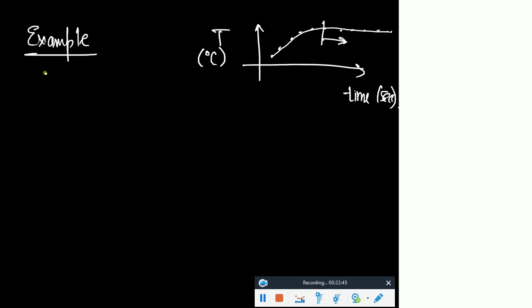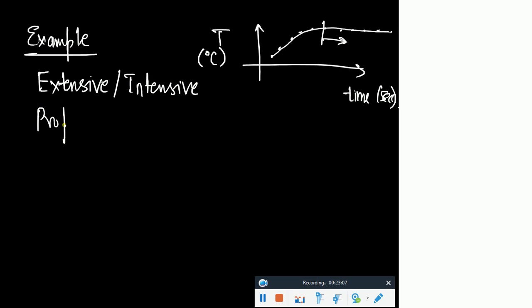Then there is one more thing about the types of properties. There are 2 types of properties: extensive or intensive properties. These are 2 types of properties for thermodynamic studies. Okay.